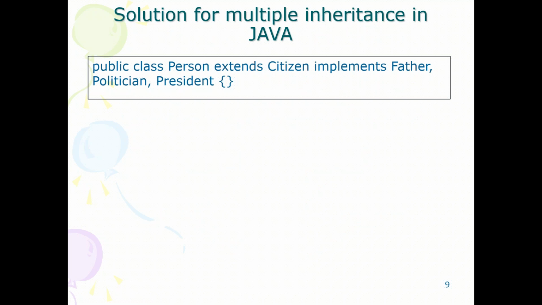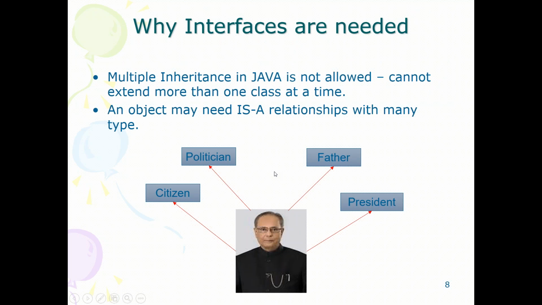Let me show you this once again. He is a person, named Pranab Mukherjee. This person can act like a president: he is the president of India, father to a child, a politician, and a citizen. Clear?